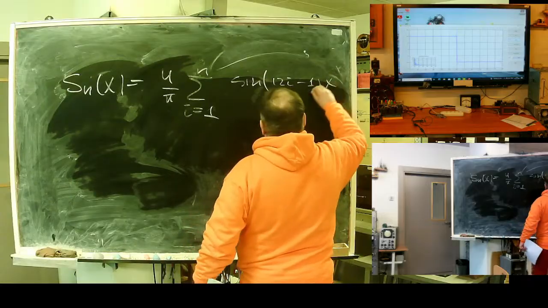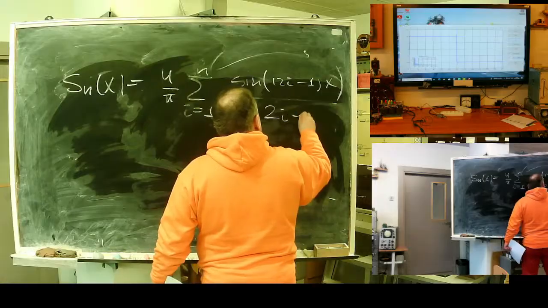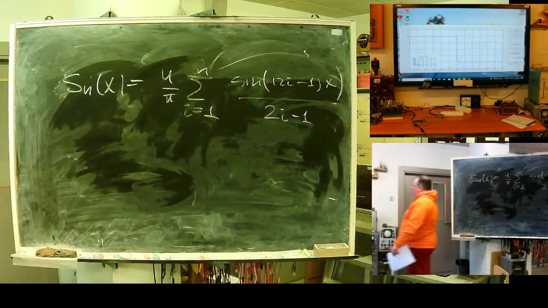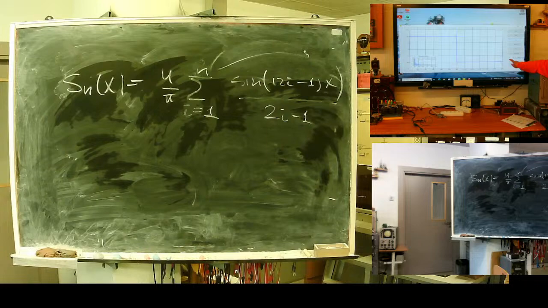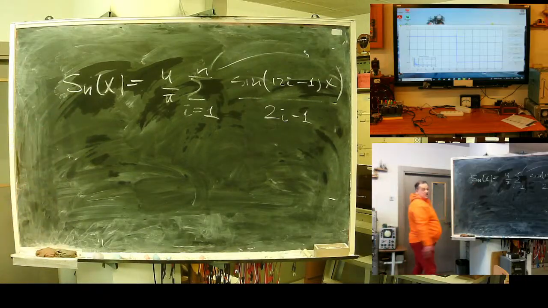In my case now, n is 25. The sum of the first 25 elements, and this one is my blue line.